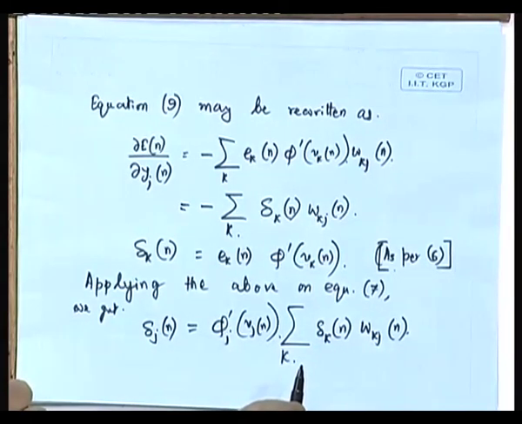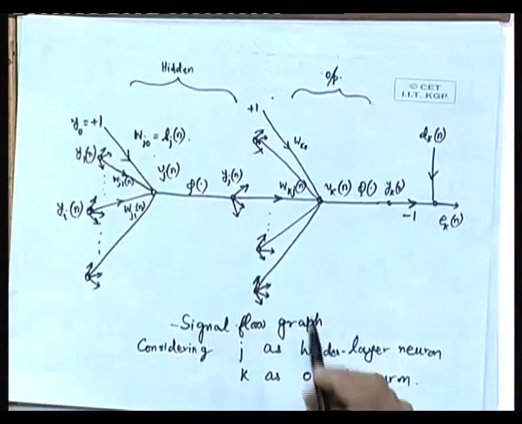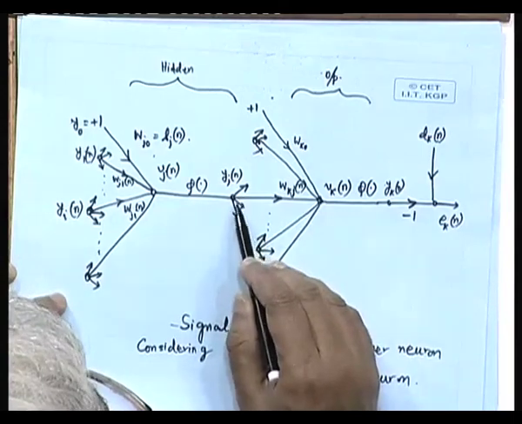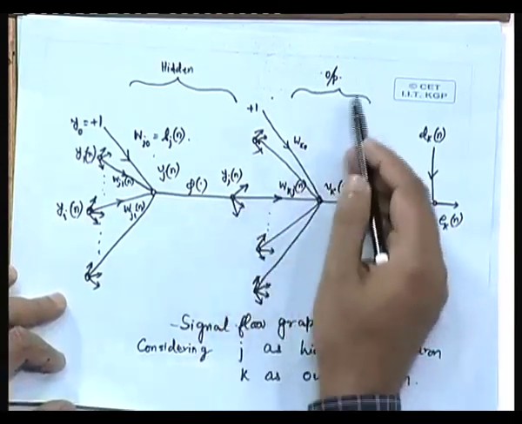So we have got one very interesting expression whereby we are expressing the local gradient of the hidden layer neuron in terms of the local gradients of the output layer neurons. It is nothing but the weighted sum of all the local gradients of the output neurons to which it is connected, because summation over k means that this j is connected to all the k's in the output layer.